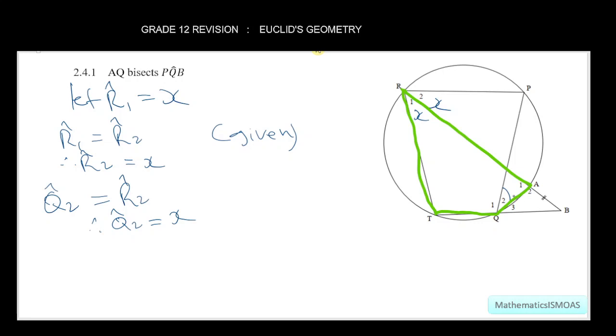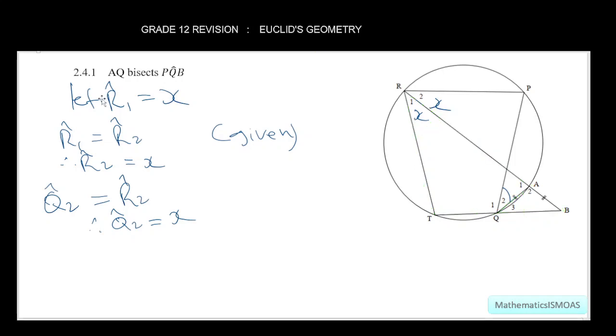We see from cyclic quadrilateral RTQA, angle Q3 will be equal to angle R1. These are the exterior angle of a cyclic quadrilateral. Let me extend TQ to B. You see, we're having the exterior angle of a cyclic quadrilateral.